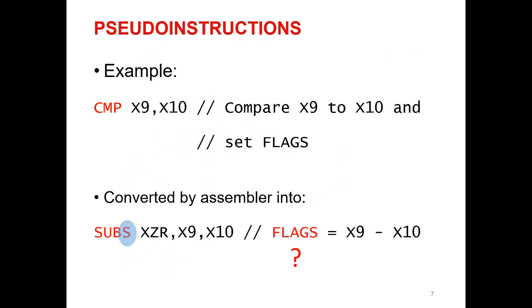So what actually are these flags? These flags are the condition codes that we are going to see now. And you can see we have put an S after the sub instruction. This S means that we are going to execute this sub instruction setting flags.